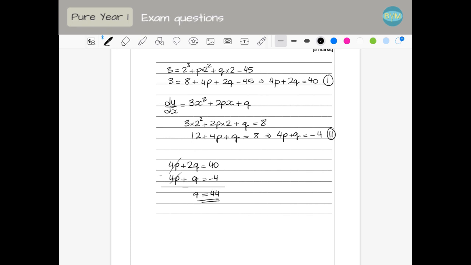Then I substitute q by 44 here, and I have 4p plus 44 equals minus 4, which means 4p is minus 48, so p is minus 12. So these are the values of p and q.